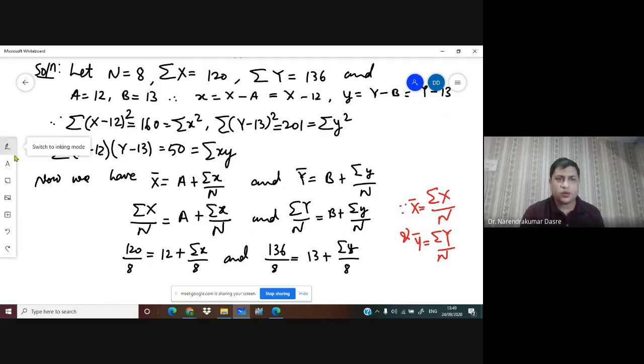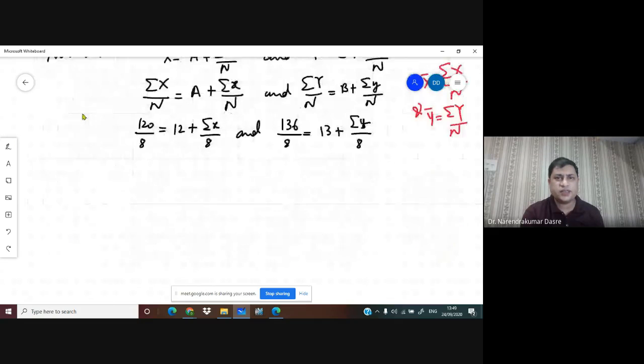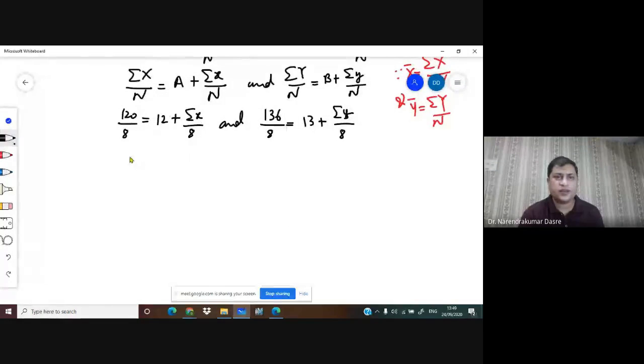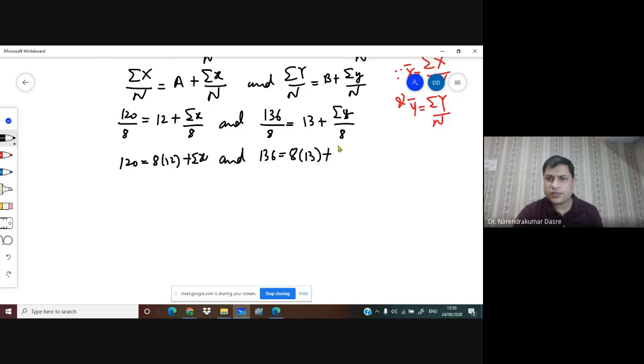Okay, now let us simplify this. How are we able to simplify this? I can multiply this equation by 8 and this equation by 8 also. So I'll have 120 is equal to 8 into 12 plus summation x, and I'll have 136 is equal to 8 into 13 plus summation y.